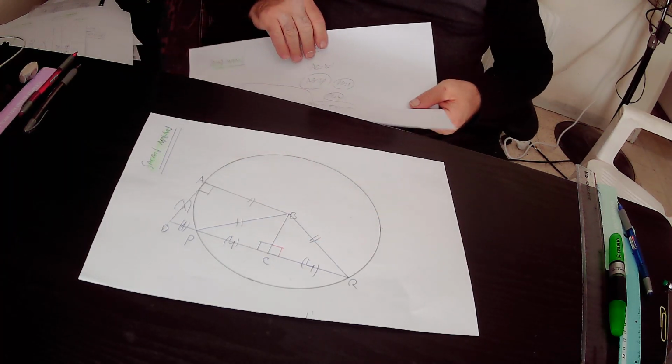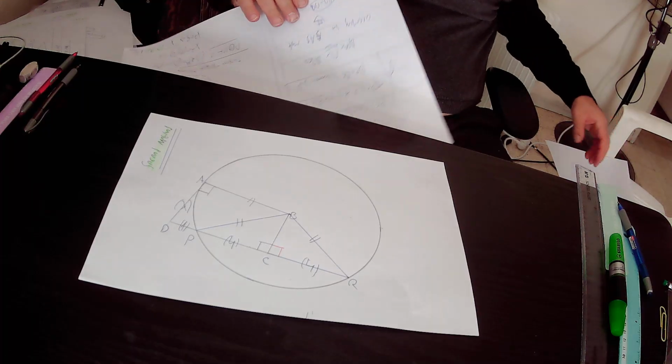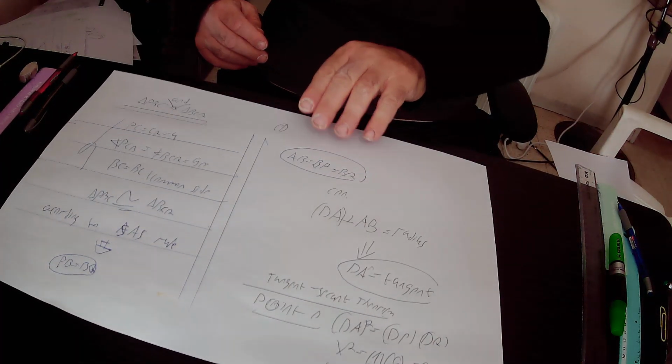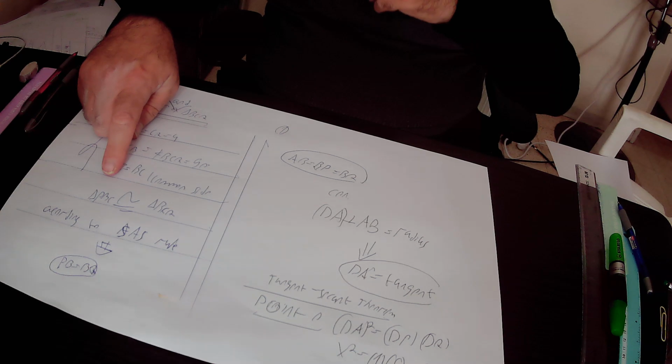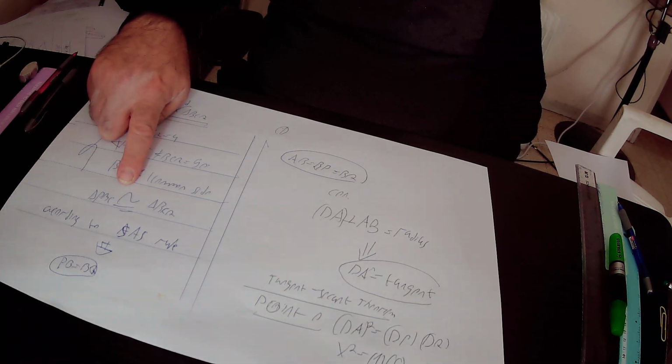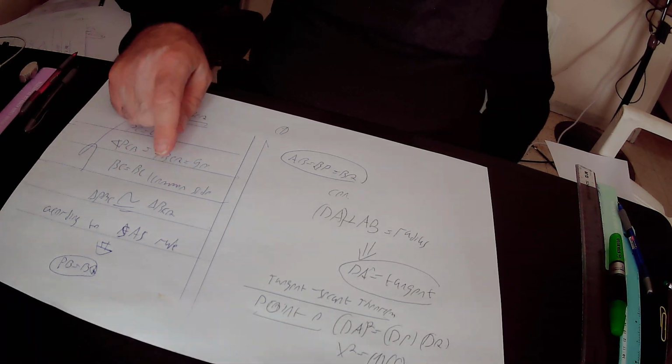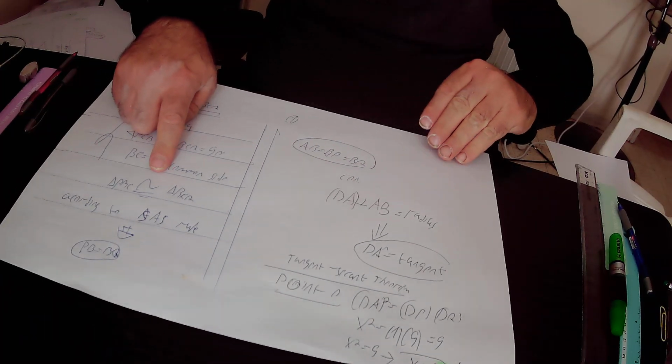And again, triangle PBC is congruent to the right triangle BCQ according to the side-angle-side rule.